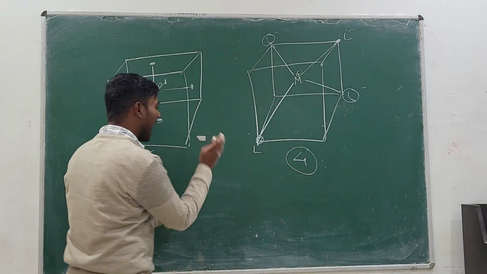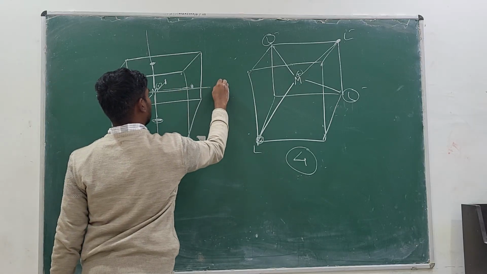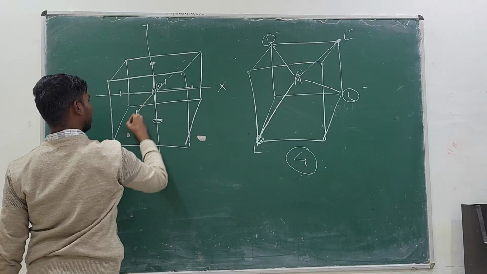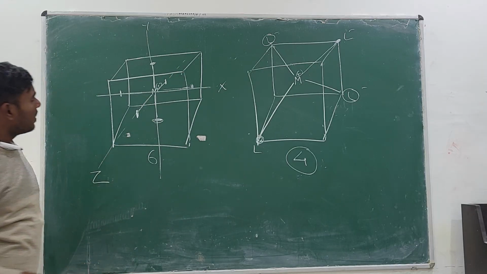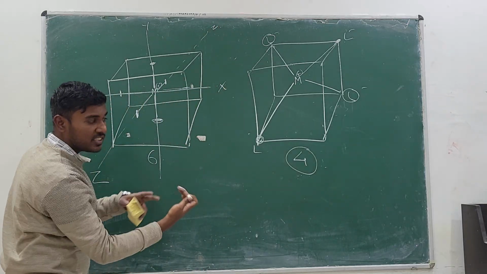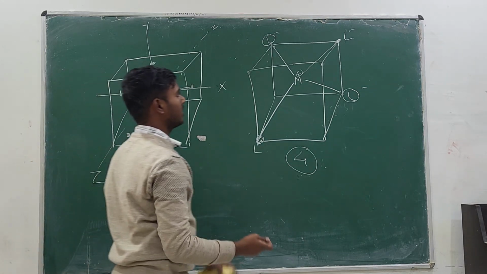If we draw the axes here, this is our x-axis, this is our y-axis, and this one is our z-axis. This z-axis passes through the back and front faces.